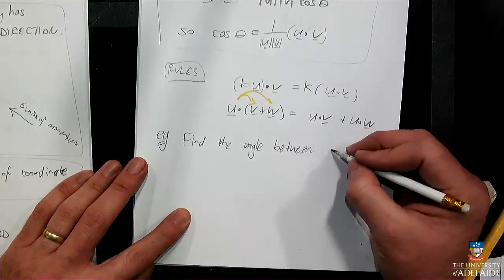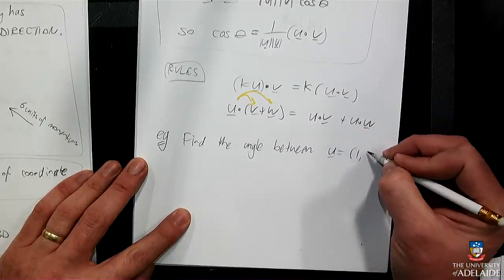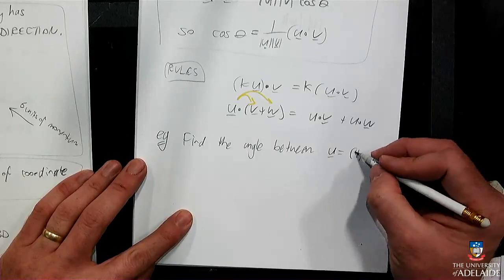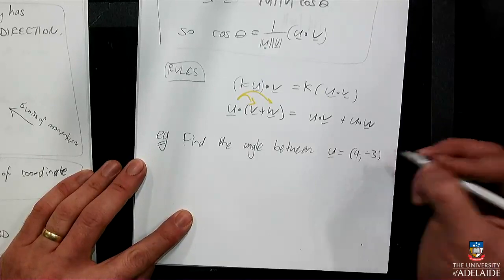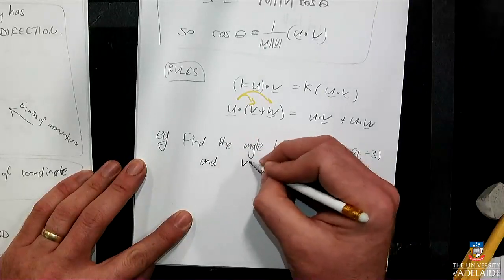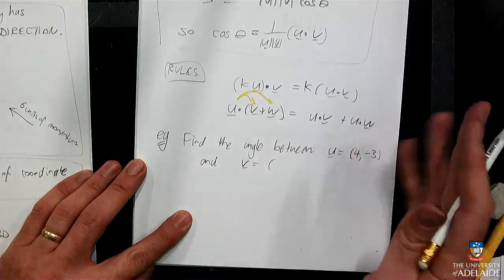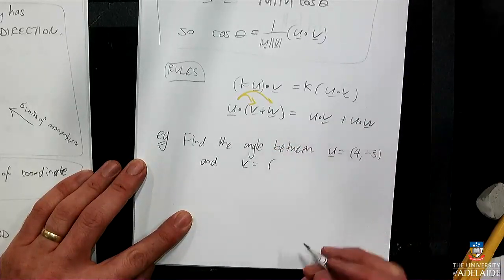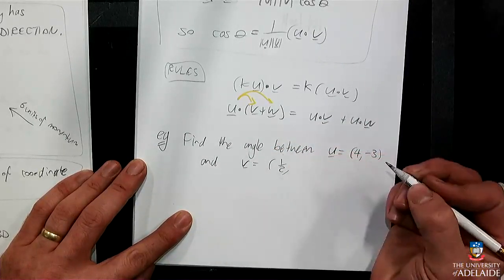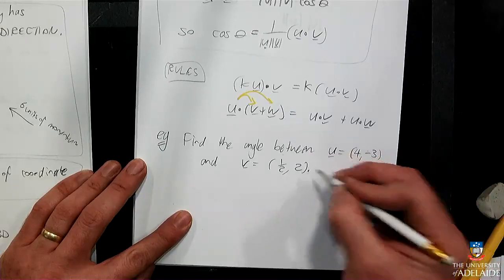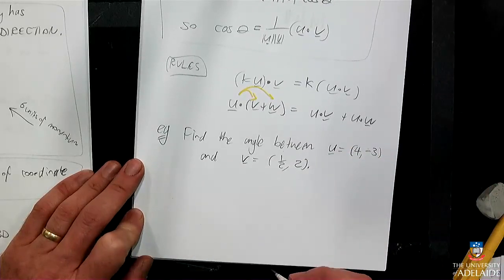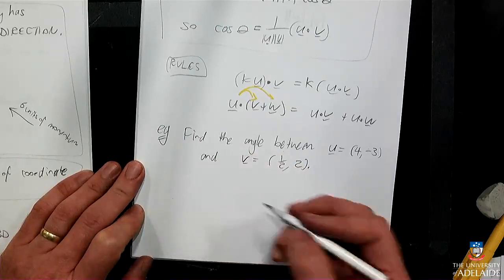Find the angle between u, which is going to be (4, -3), and v, which is going to be (1/2, 2). Okay, so let's see.